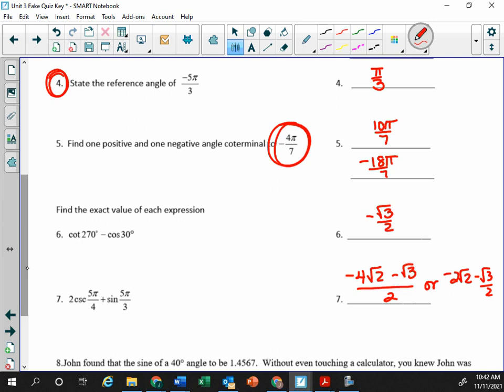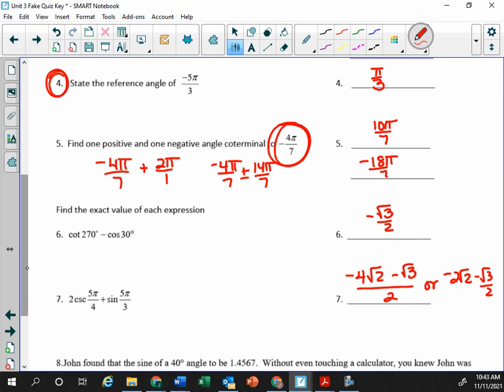And honestly, it takes way more time to convert that to degrees than to just go, right? I mean, you're just adding 2 pi over 1, so you're really adding 14 pi over 7, or you're subtracting 14 pi over 7. Like, that's way faster than converting. Okay, so do that. Save yourself time. Remember, you need to be efficient.